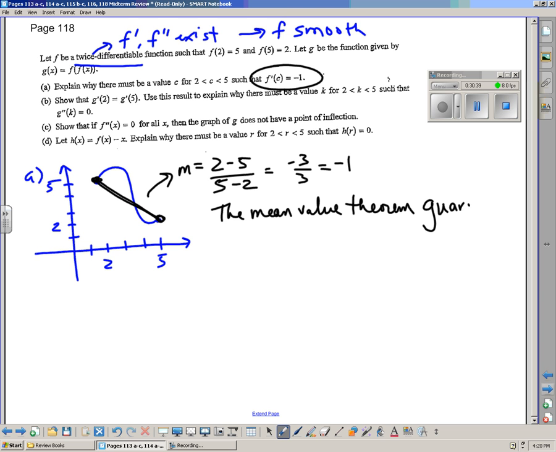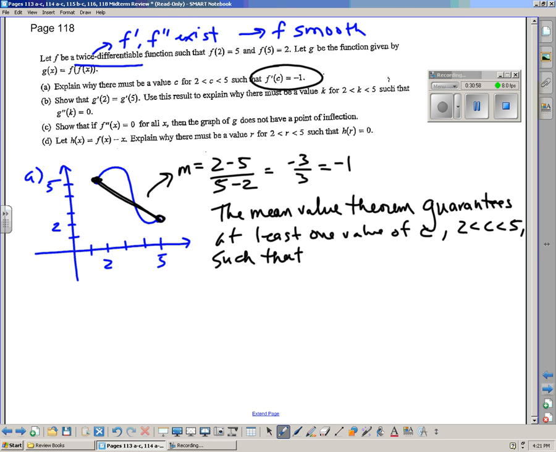guarantees at least one value of c, so that c is between 2 and 5, such that f prime at c is equal to -1.